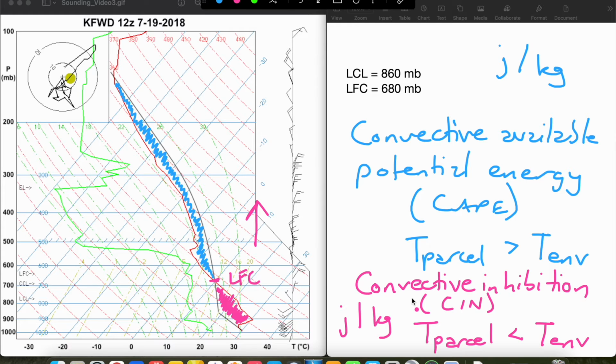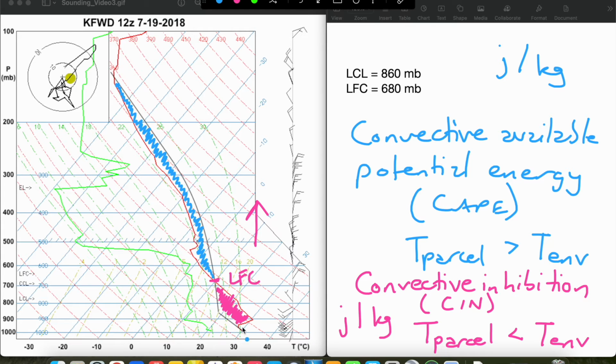So in this particular case, we do have quite a bit of instability in the atmosphere above the LFC. However, we do have this area of convective inhibition down here that is going to make it difficult to get parcels to rise and try to tap into this positive area of CAPE.